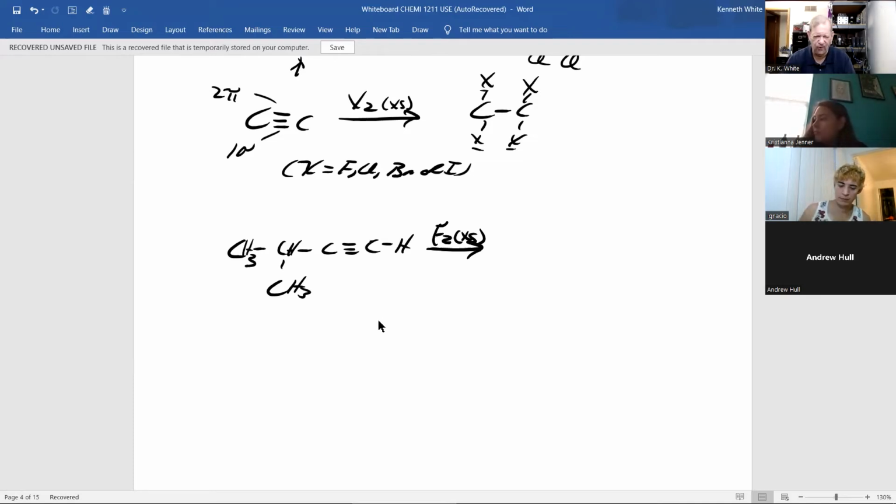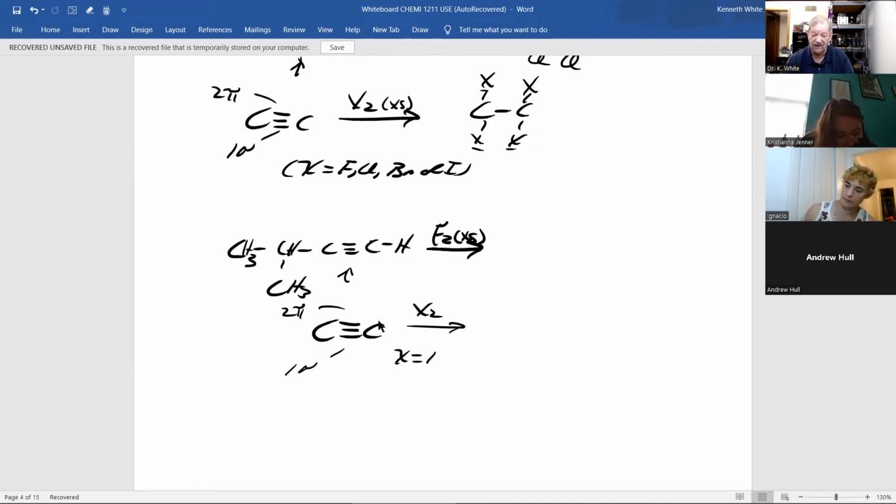If we look here, what's different? What's not a carbon-carbon single bond or carbon or hydrogen atom? A triple bond. And just to remind you, it has 2 pi bonds, 1 sigma bond. What's fluorine gas, F2? That's this halogen.